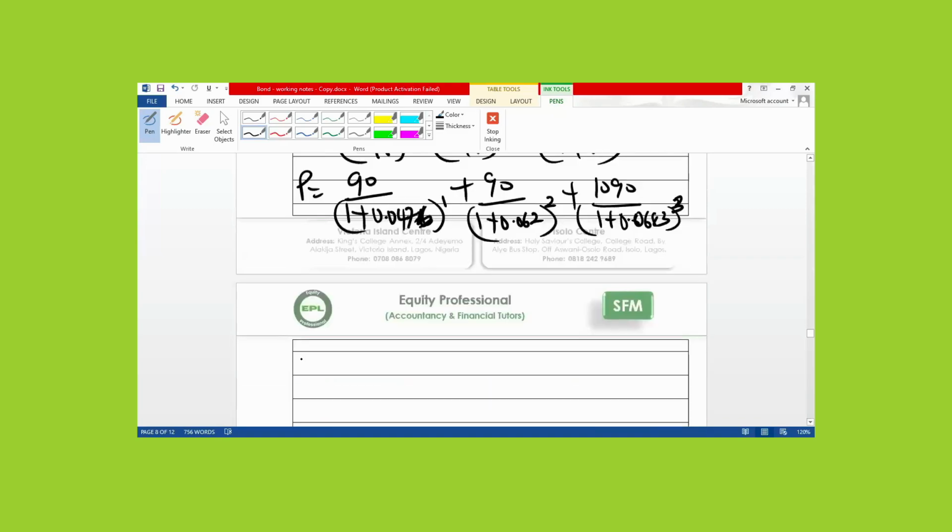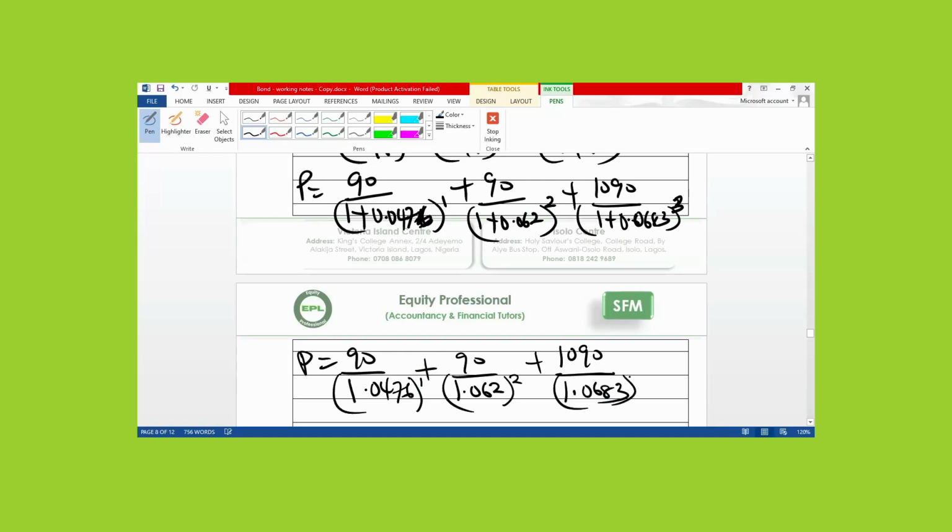Price of this bond: 90 over 1.0476, plus 90 over 1.062 raised to power 2, plus 1090 over 1.0683 raised to power 3.